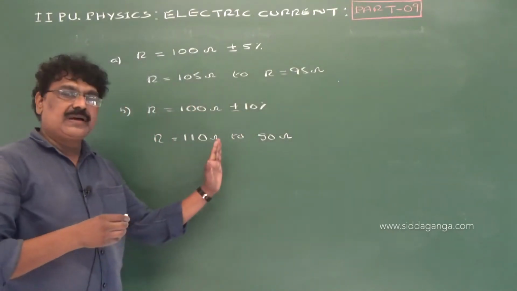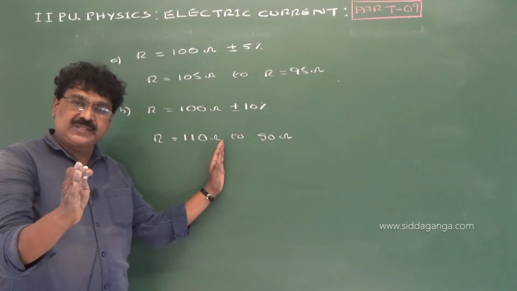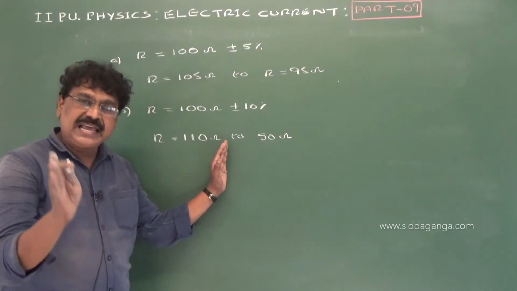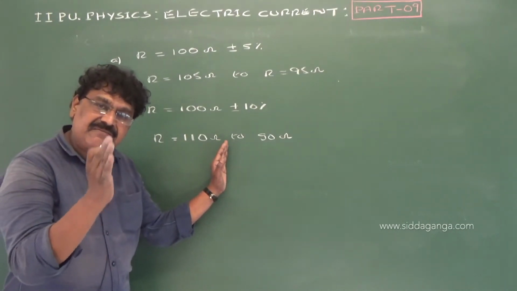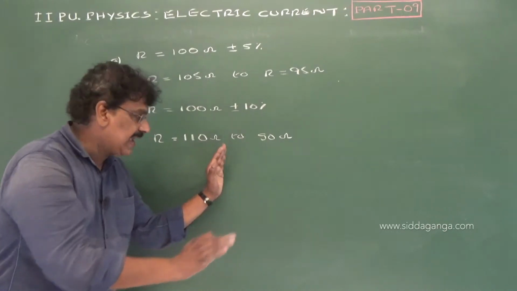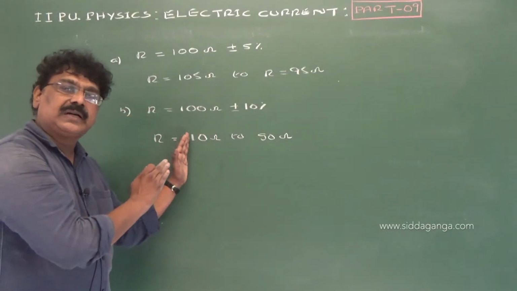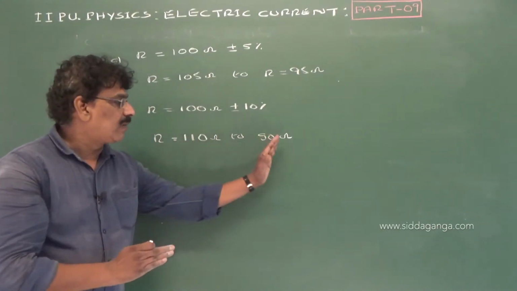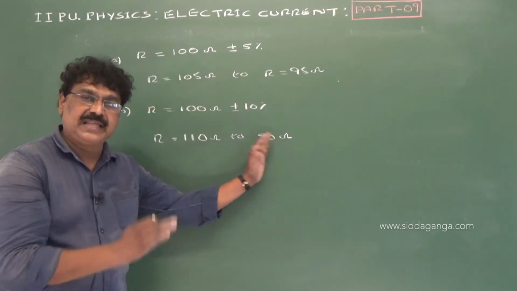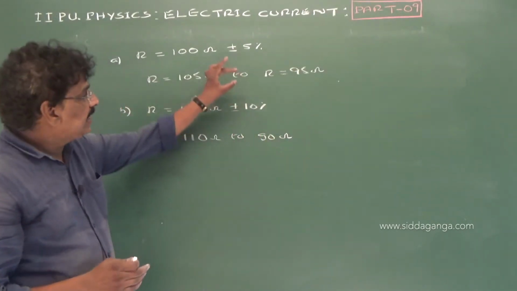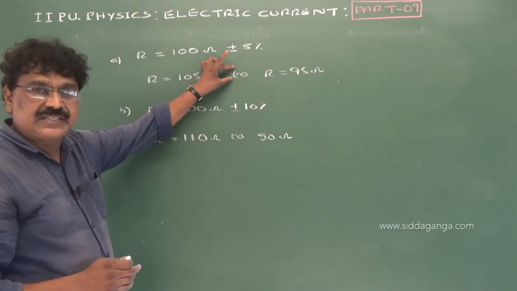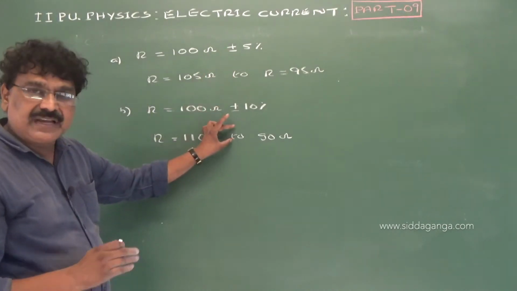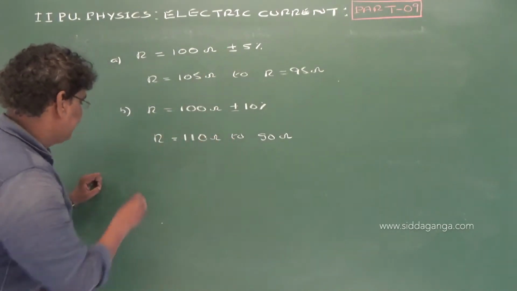This is how the resistance value of the resistor can deviate from its marked value. Either it will go to 110 or 90 ohms, right. There is not much deviation. See here, the deviation is small. Here the deviation is a little bit more.